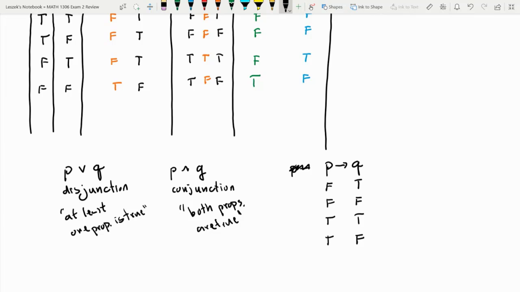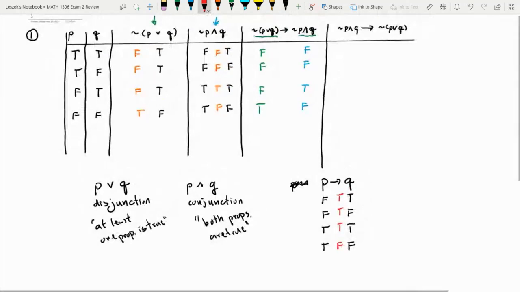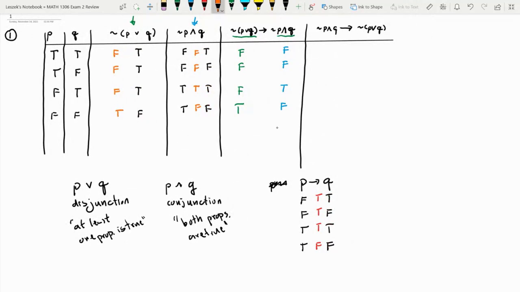Okay, so the only time the implication is false is if the antecedent, the P, is true, but the consequent is false. Otherwise, it's true. Okay. So over here, we see that the only time that this is false is if truth implies falsehood, right?